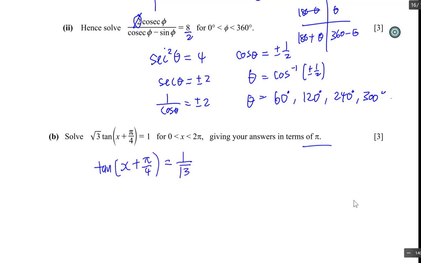Okay, 1 over square root 3 should be, yeah, pi over 6 is the 30 degree. Alright, so x, you will do inverse tangent 1 over square root 3. So x plus pi over 4 equals pi over 6, which is 30 degree.